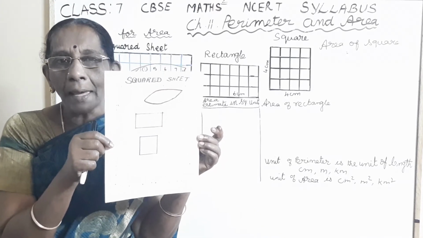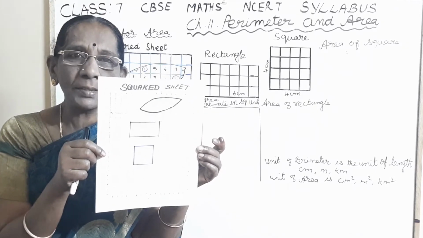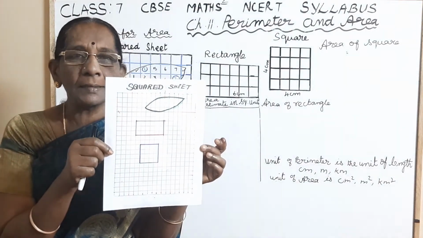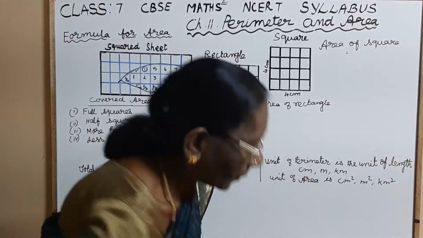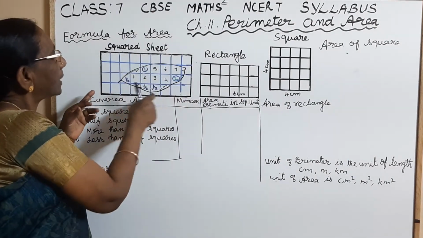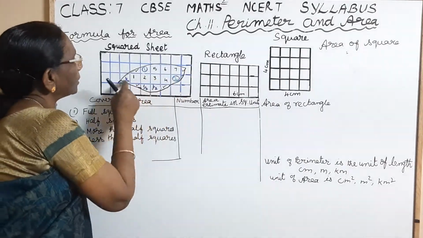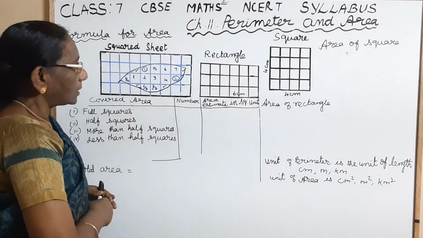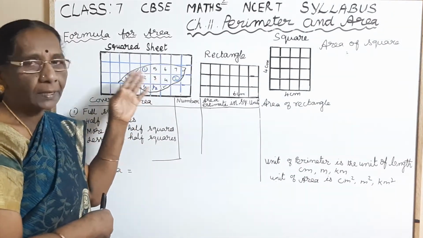So I have drawn the magnified size of this square sheet on the surface of the board, and let us discuss that. Children, this is the magnified size of the square sheet, and the outline of the irregular shape is drawn on this square sheet, and we are going to measure the area of this closed figure.